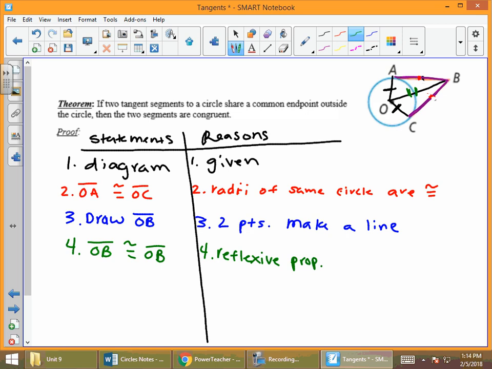Is there anything else like angles? Why do we know that they're right angles? Good, yeah. So we can state that angle BAO and angle BCO are right angles.